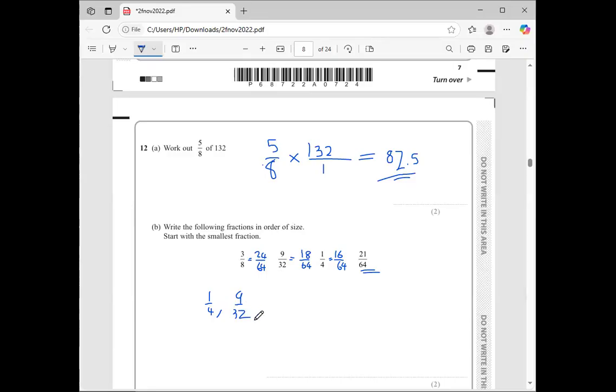Next is 21. 21 already lent itself because you didn't need to change anything. 21/64. And finally, 3/8, right? Yes. So can we move on now? Yes. Okay, cool.